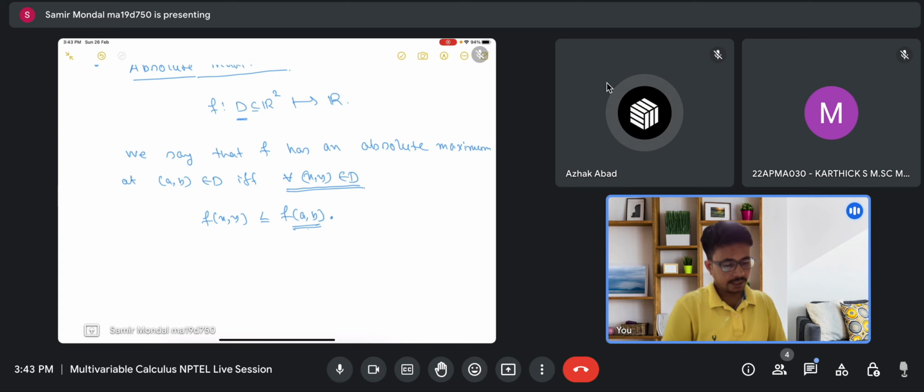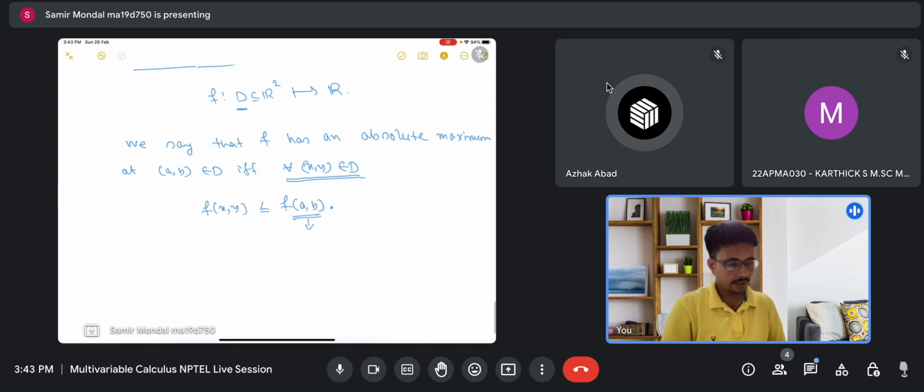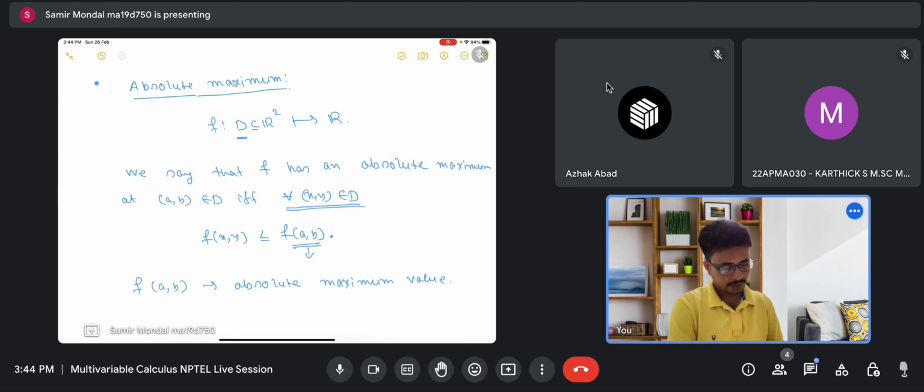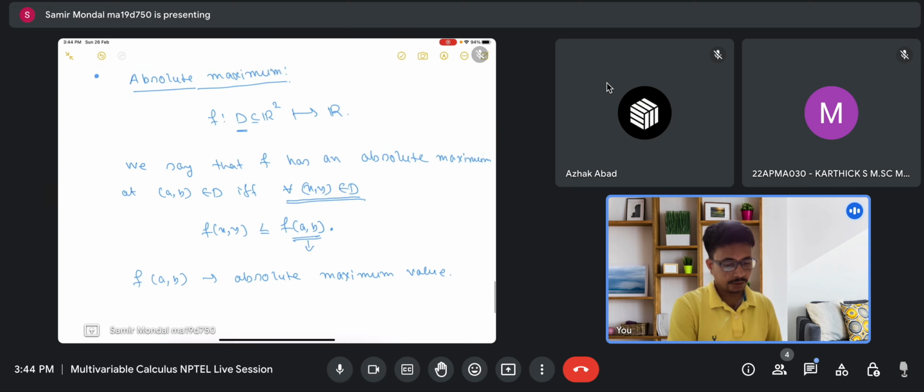So this (a, b) is called the point of absolute maxima, and that functional value f of (a, b) is called the absolute maximum value. The same definition we can use for absolute minimum also.